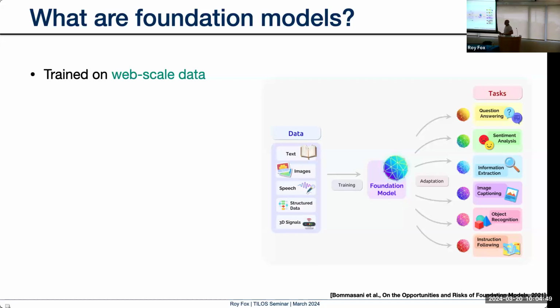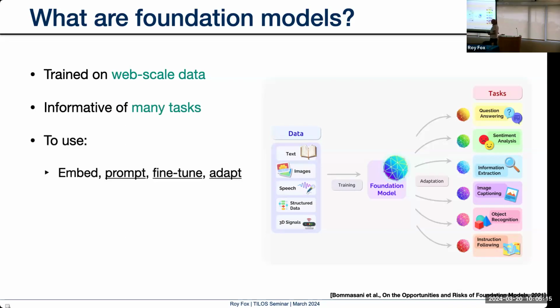The idea is that they are trained on web scale data, a lot of data, so they can be big models, and they can generalize well. In fact, they can generalize to a lot of tasks that they were never trained for. They were trained for maybe some prediction or generation tasks, but then they can be used for a lot of other tasks downstream in the pipeline.